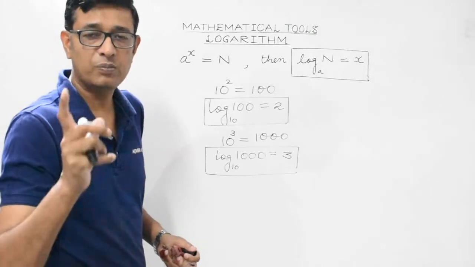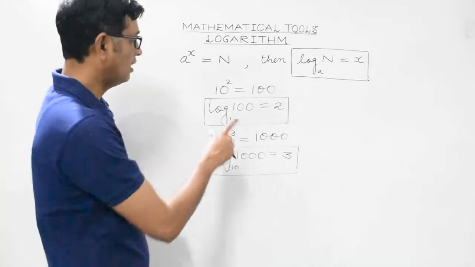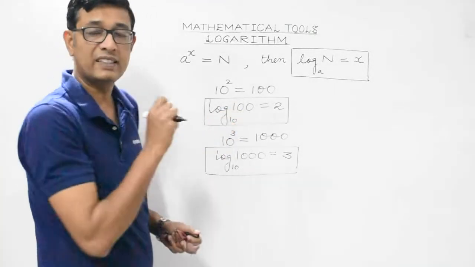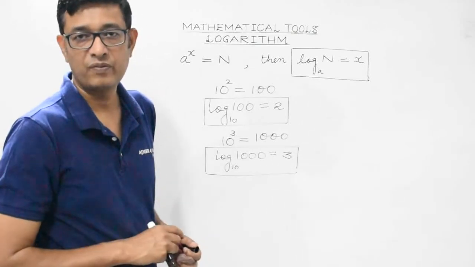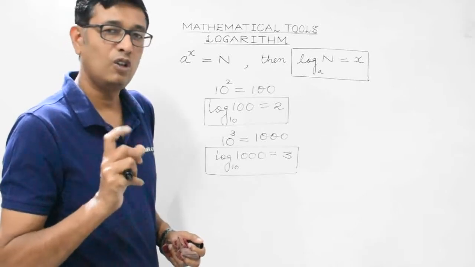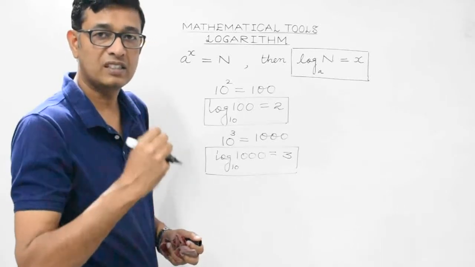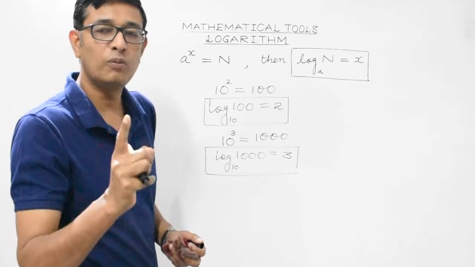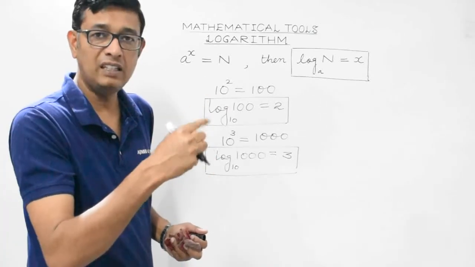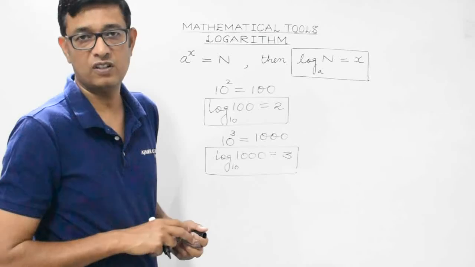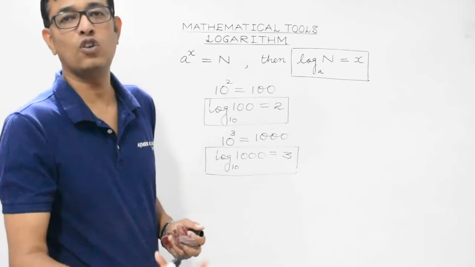And here I must mention a very important point: log of any number to the base 10 is known as common logarithm. Again I repeat, log of any number to the base 10 is known as common logarithm. And log of any number to the base e, where e stands for exponential, is known as natural logarithm.